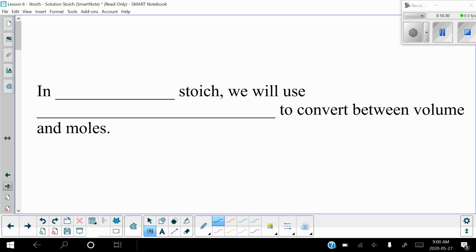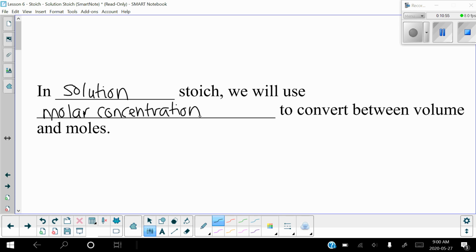Okay, in solution Stoich, we will use molar concentration to convert between volume and moles.